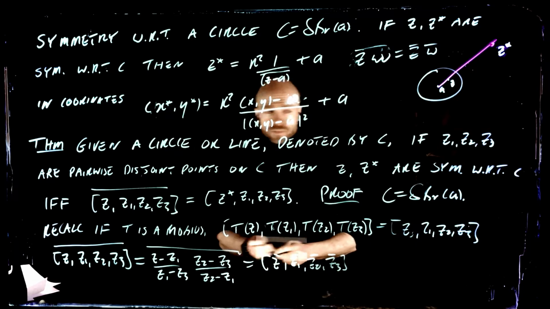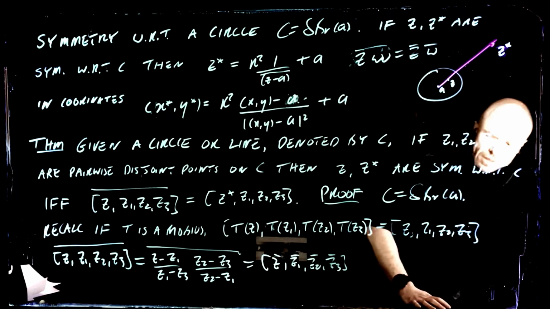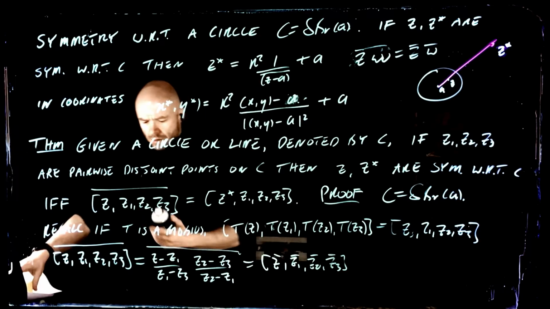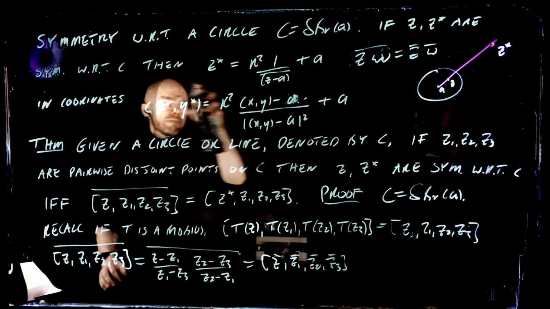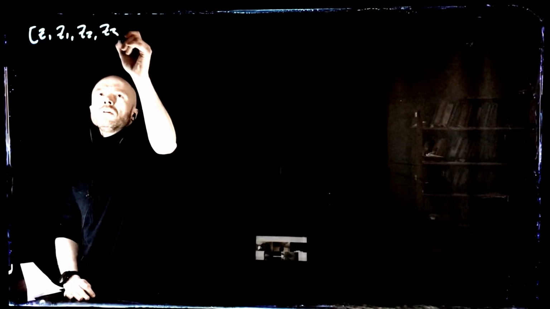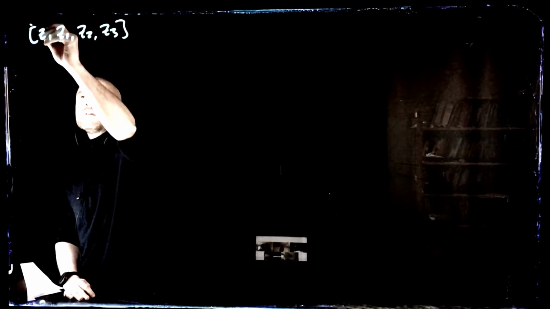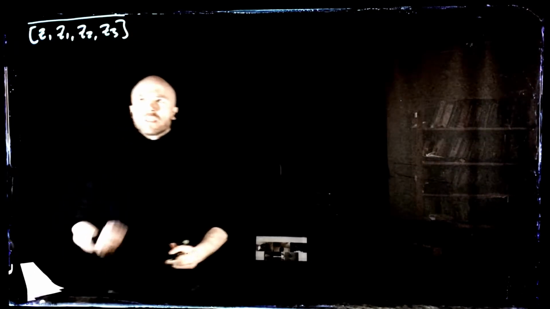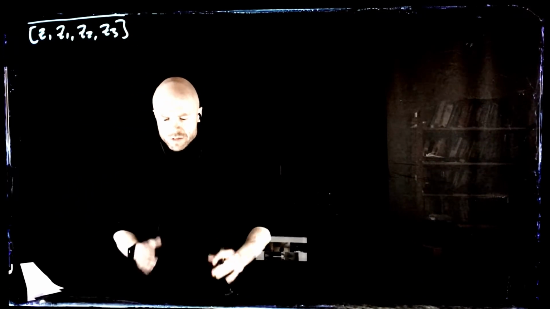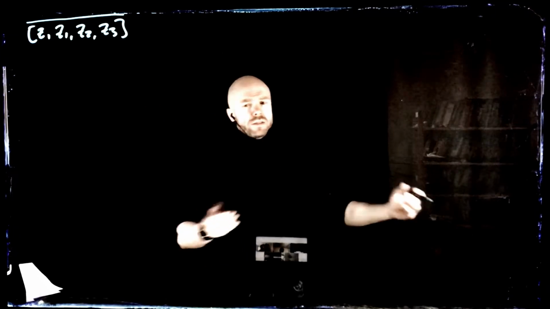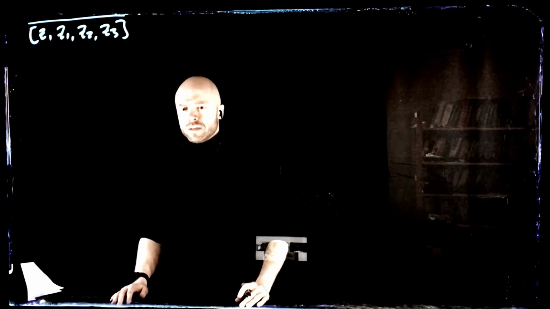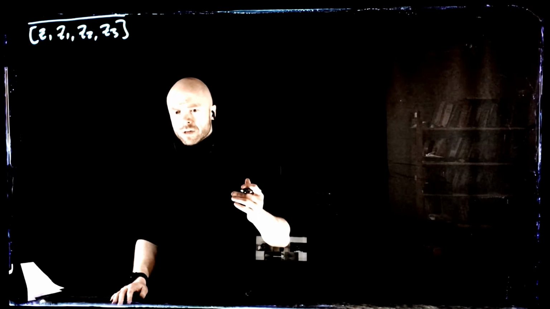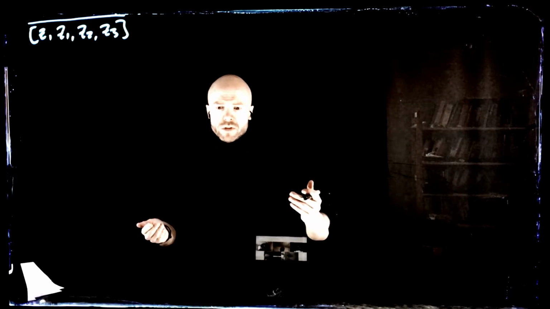Okay. So I'm going to erase the board, and we're going to get to work on this. We have points Z, Z1, Z2, Z3, and we're going to take the complex conjugate. And the first thing we're going to do is act with this Mobius transform that simply subtracts A from everything. Okay? Because that's a Mobius transform as well, right?